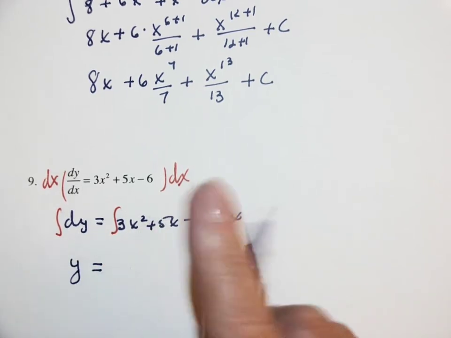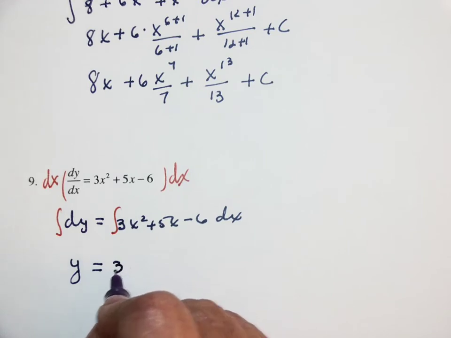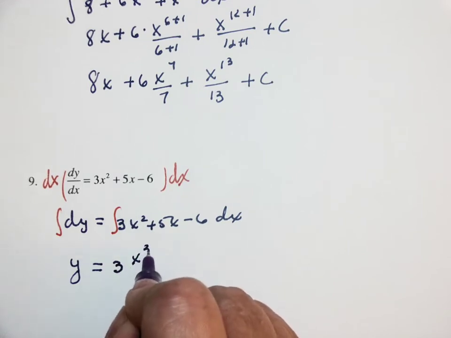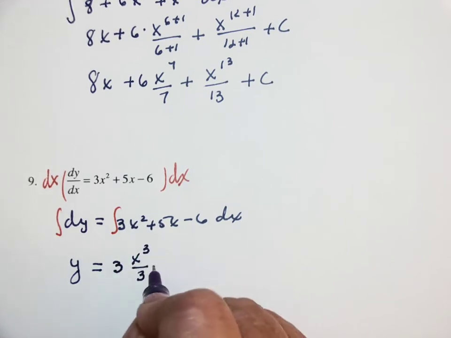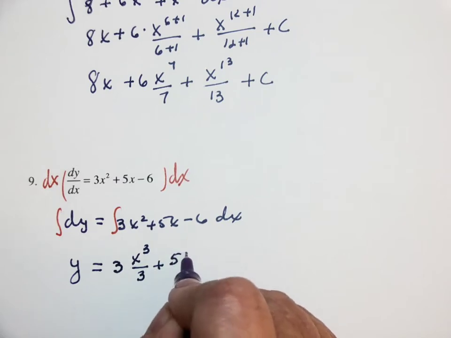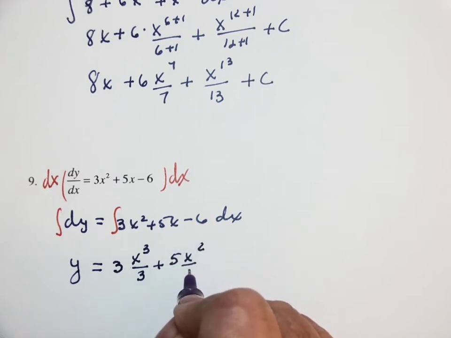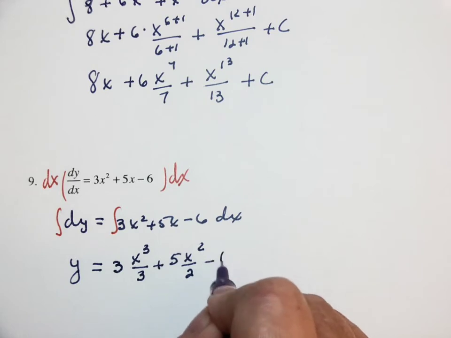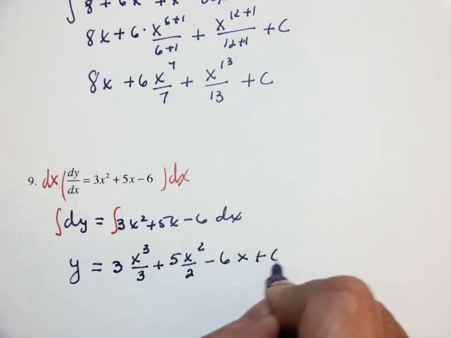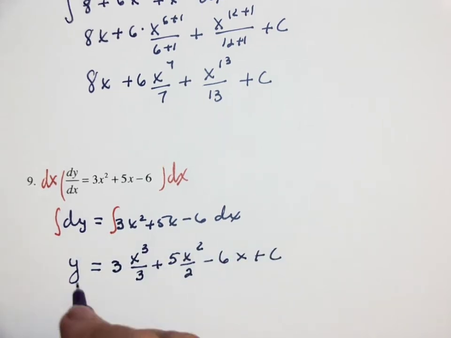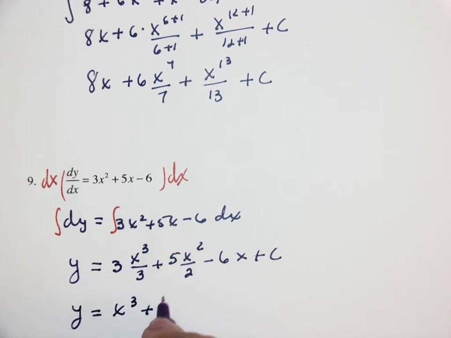The integral of 3x squared is 3. This would be x to the 3 over 3 plus 5 x to the 2 over 2 minus 6x plus c, or that y is x cubed plus 5 halves x squared minus 6x plus c.